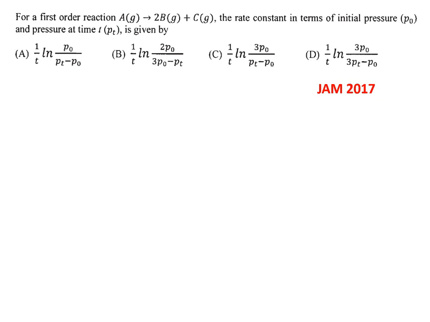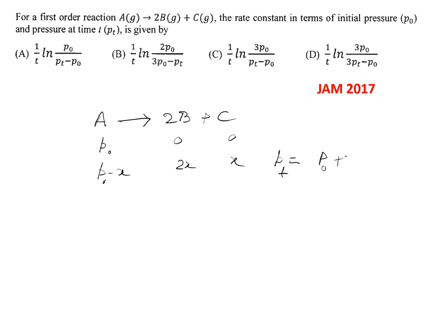Next question. A to 2B plus C. So let me just write down first, A to 2B plus C, all in the gas phase. Initially some pressure P0 was there and nothing else, and after some time it is P0 minus X, and it gives 2X and X. So if you are interested to calculate the total pressure PT, that would be P0 minus X plus 2X plus X, that means P0 plus 2X.